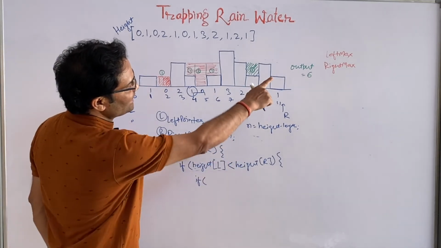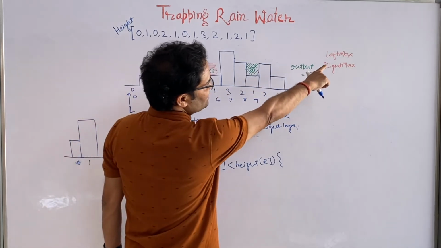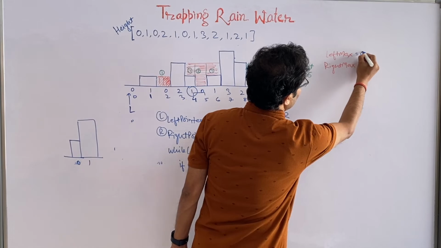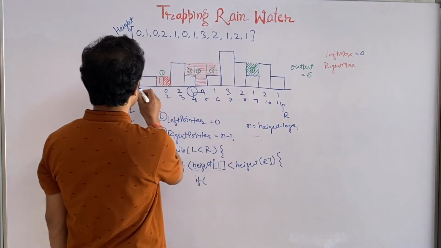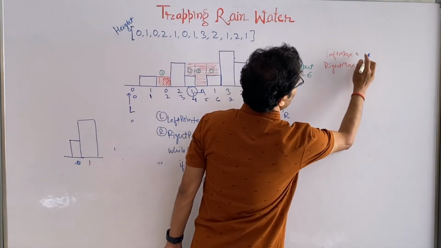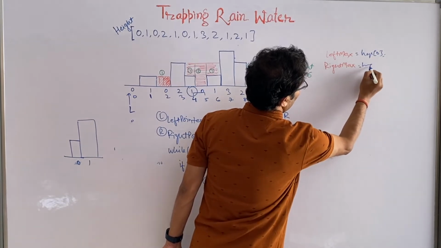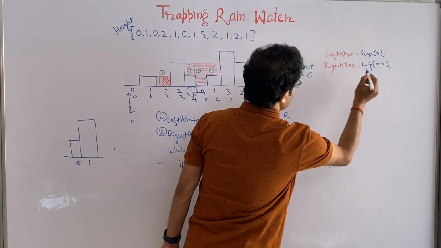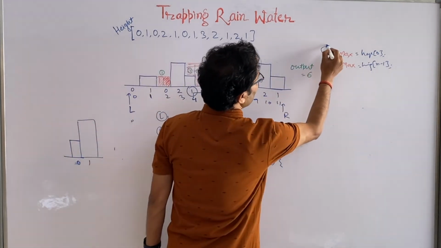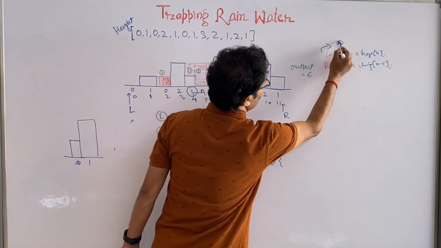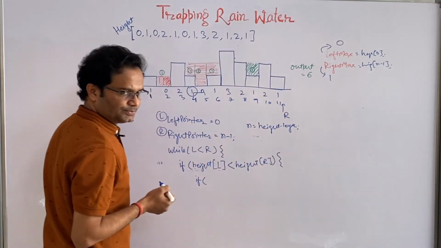So that's why I am maintaining two variables: one is the left max and the second is the right max. The left max you start with the height of the first index, and the right max with the height of the last index. Right now the leftmost is 0, and the rightmost is 1.